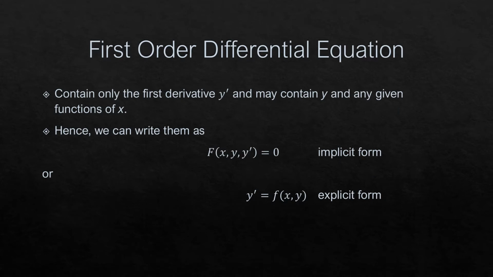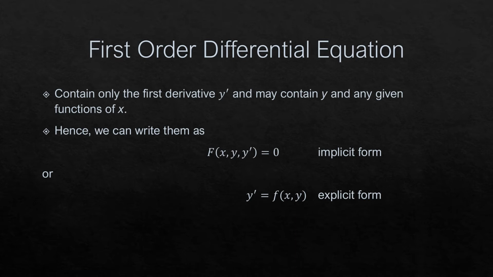Now the first order differential equation, as we already discussed, has only a single derivative. There are two forms that can represent it. One form is known as implicit form, where the derivative is within the equation and you cannot separate it from the equation.